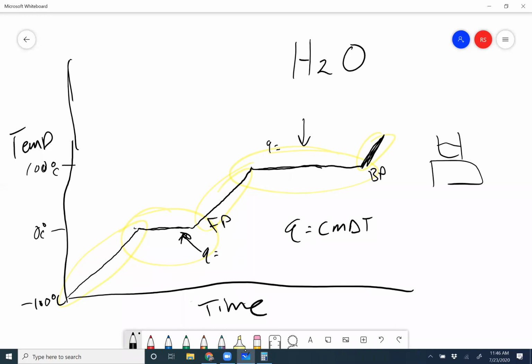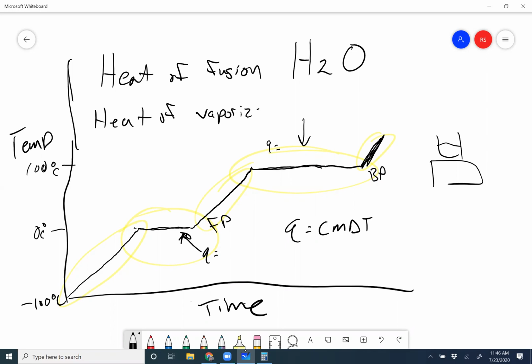And so what this gives us is our first look at something called heat of fusion and heat of vaporization. Down here we have heat of fusion, and right here we have heat of vaporization.